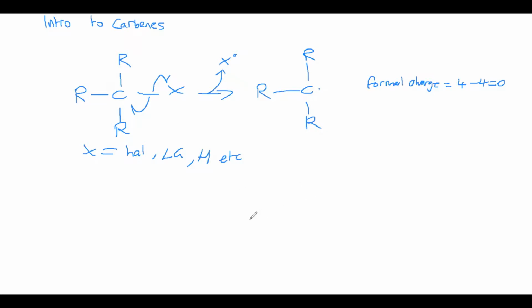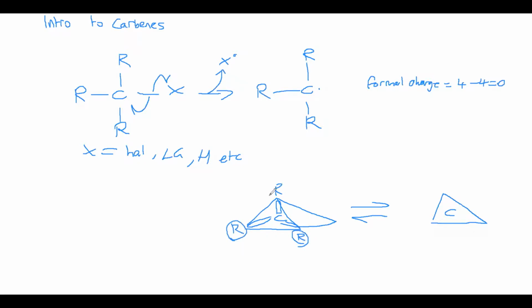When we form our radical, we get a mixture of sp2 and sp3 hybridization existing in an equilibrium, where we have our R groups bound to the carbon, and then we have our unpaired electron either residing in one of the sp3 orbitals, or alternatively in our sp2 hybridized carbon, our unpaired electron will reside in the p orbital. So these exist in an equilibrium.